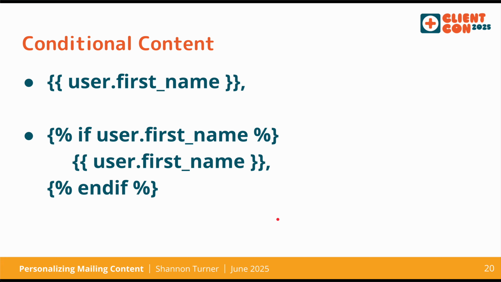But if their first name is blank, we don't show anything at all in this case. We're not going to show anything here, but you will get a stray comma, right? So I think this second bullet point is a little bit better, because if we don't know the user's first name, we don't display just a blank with a stray comma.